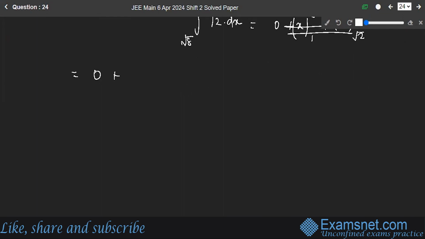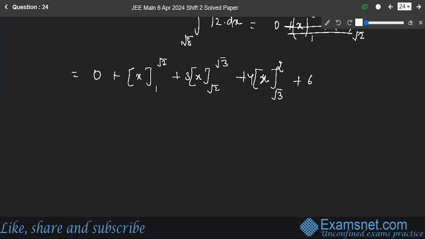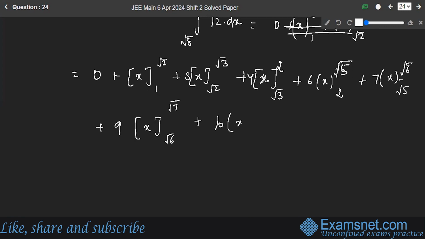This is equal to 0 plus x, limits 1 to root 2, 3x, root 2 to root 3, 4x, root 3 to 2, 6x, root 5 and 7x, and then you had 9x, and this was from root 6 to root 7, 10x, root 7 to root 8, and 12x.